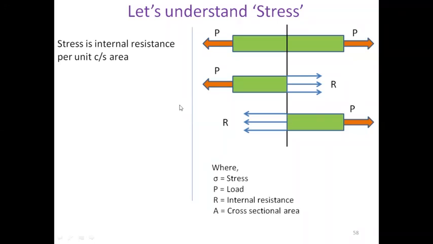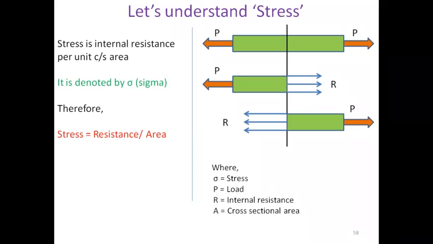So what is stress? It is internal resistance per unit cross sectional area. It is denoted by sigma, and its formula is resistance upon area. But do we know the magnitude of resistance? No, because it is an internal property.